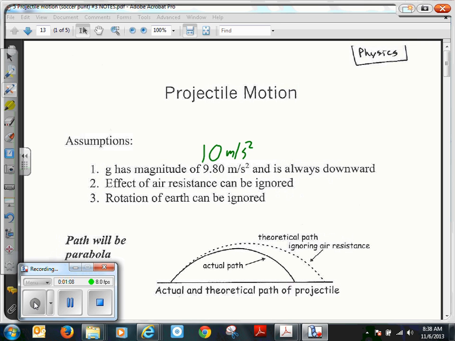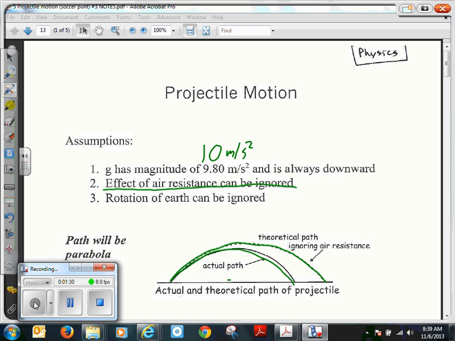The effect of air resistance we're not talking about at this point, so that can be ignored. That would slow things down. So if you look at this, we're studying this path right here without air resistance. This path here would be what would happen with it.